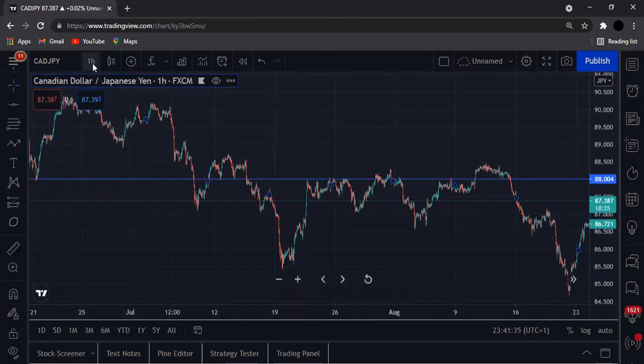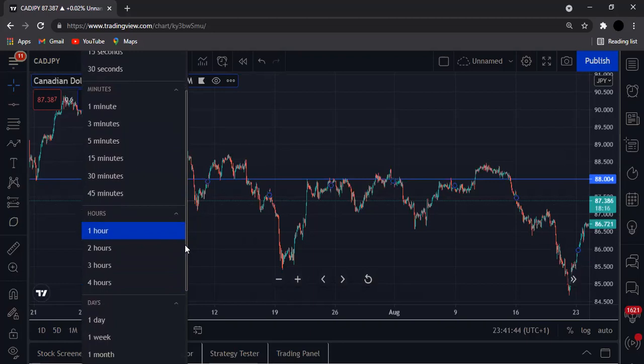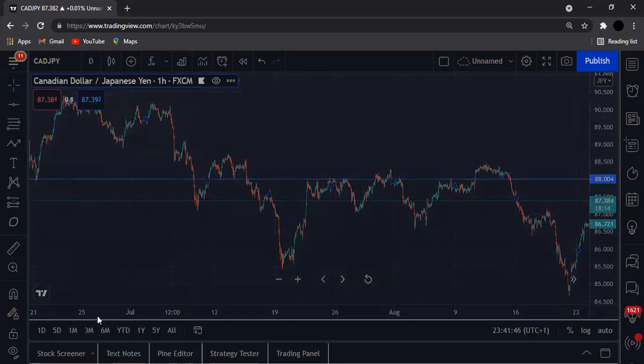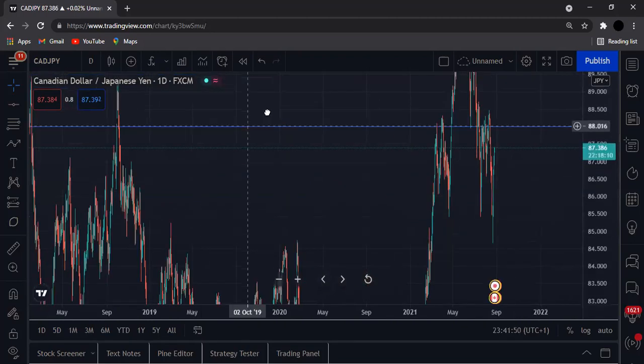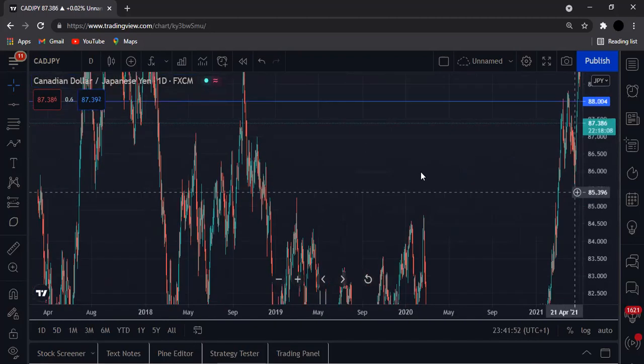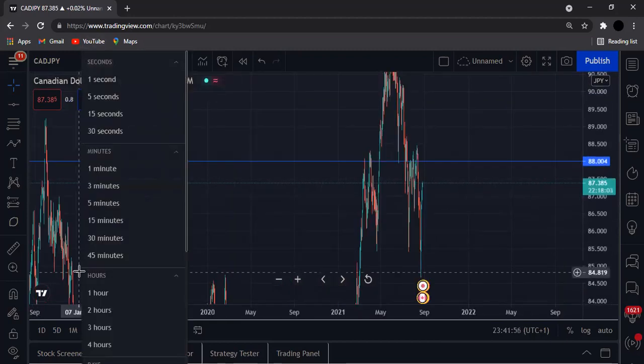You were changing from the bottom, but you can change it from here too, since that one is not working. So I can go to, let's say, 1 day here, so you'd see that clearly. I lost it. Let me go back to 1 hour.